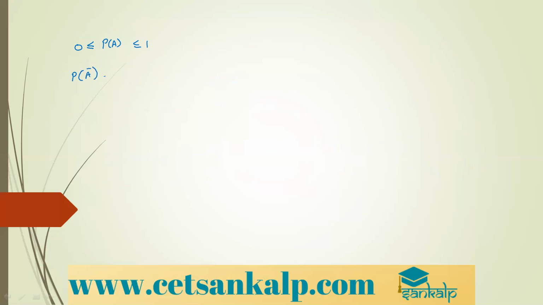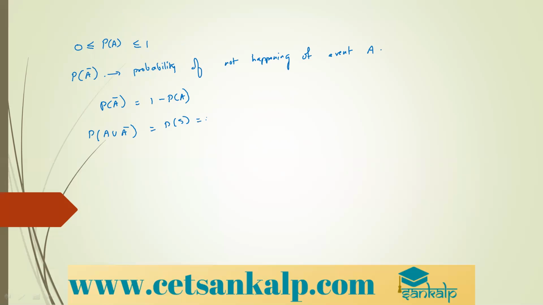Probability of A bar, that means probability of not happening of event A. So probability of A bar can be given as 1 minus probability of A. Probability of A union A bar is probability of S, which is 1.